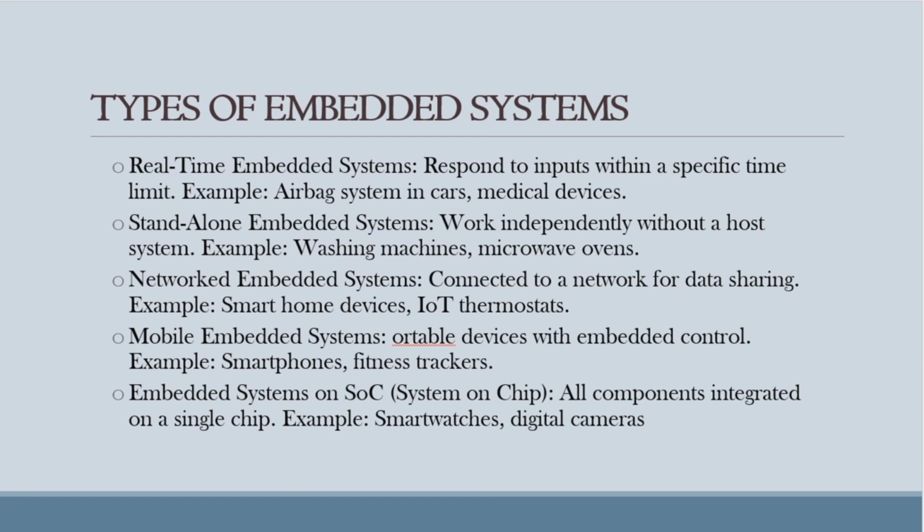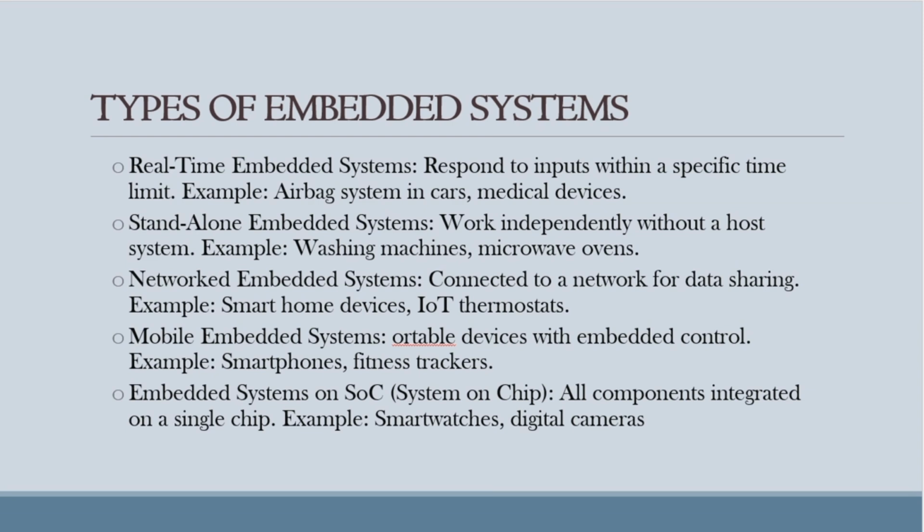followed by the standalone embedded systems which work independently without a host system, which can be seen in washing machines and microwave ovens. And then it is also seen in networked embedded systems which are connected to a network for data sharing, which can be seen in smart home devices and IoT (Internet of Things) thermostats.